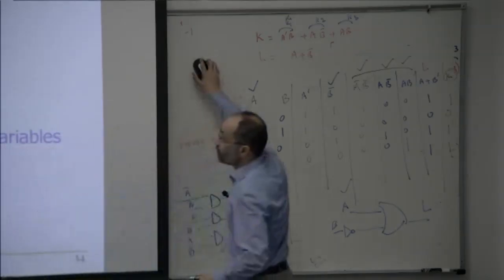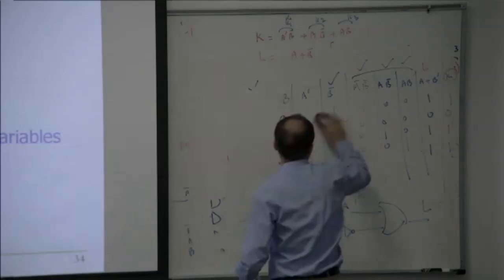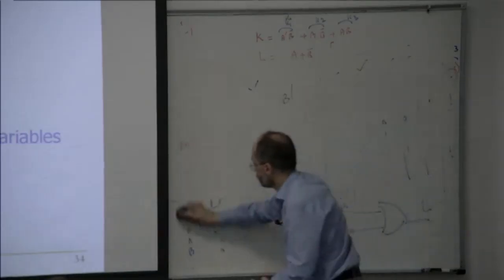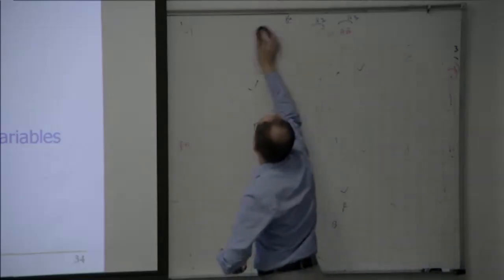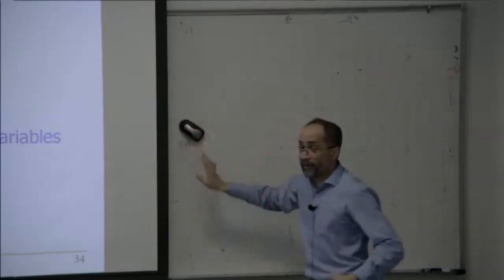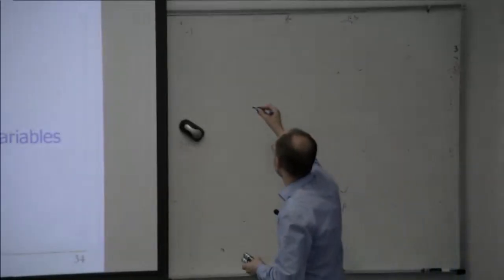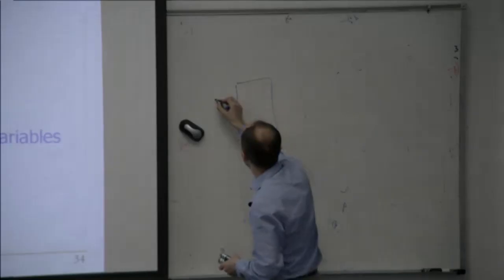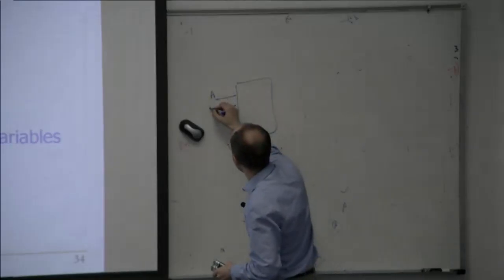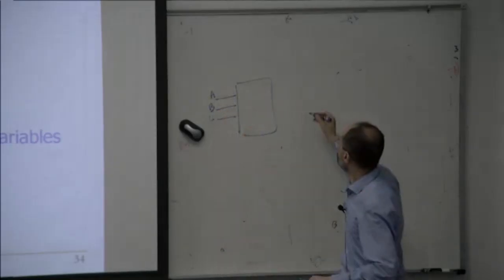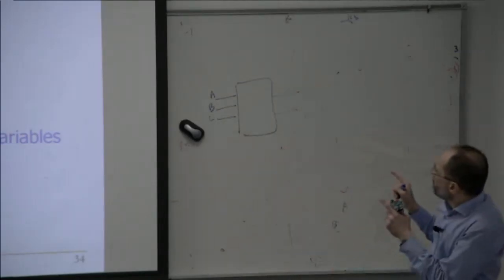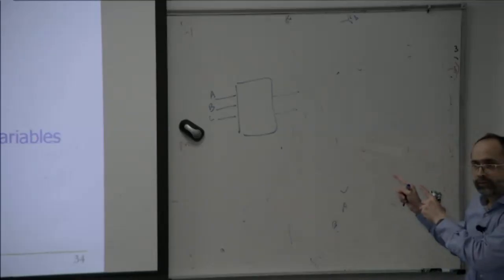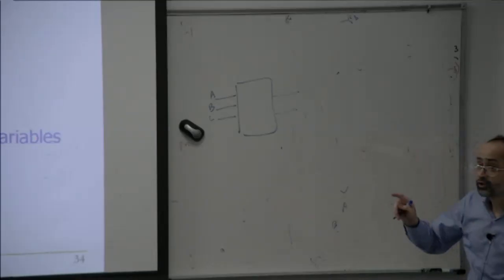An implicant is a product that includes some of the variables, and it depends on the number of variables. If you have a function of a, b, c, how many variables?